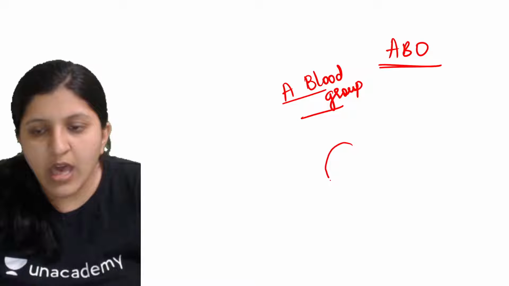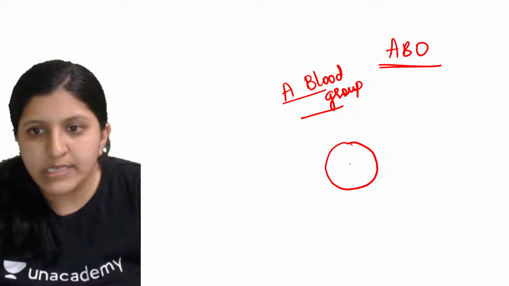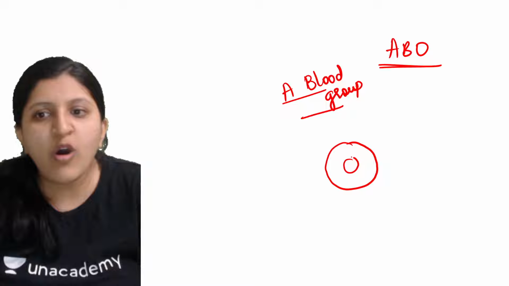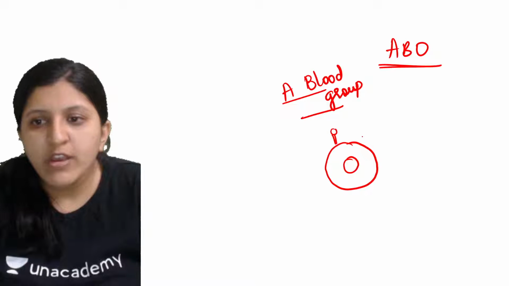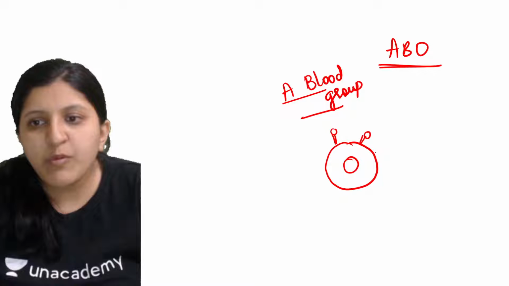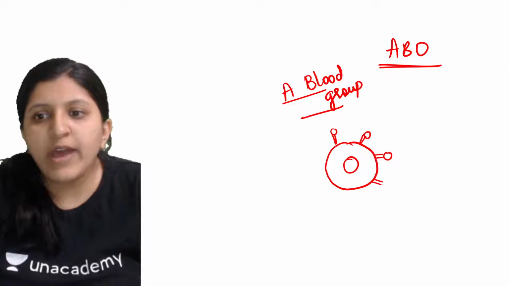Now this is an RBC. On the RBC, let's say you will find A. This is the A type of antigen which is present on the RBC of an individual.